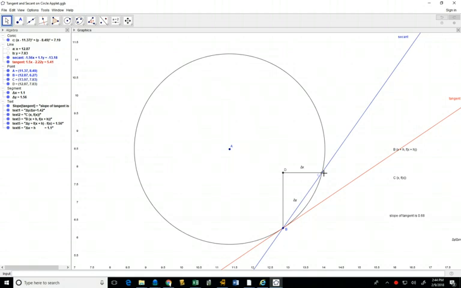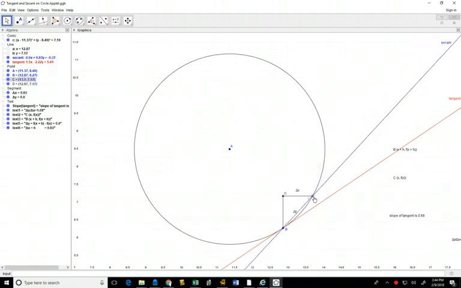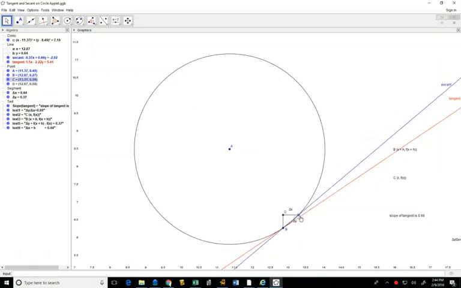See how that works. As I drag C along the curve, you see how my secant line is getting closer and closer. And as I get closer and closer, and that triangle gets smaller and smaller, it's pretty accurate right now. But as you can see, it's not quite right. And if we put them exactly almost on top of each other, it works out almost perfectly.